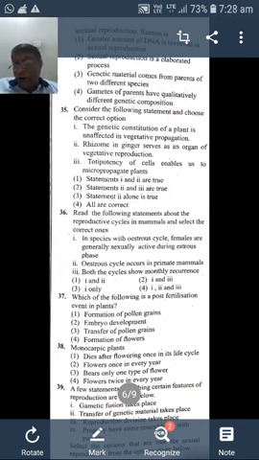Next, see. A few statements describing certain features of reproduction are given below. Gametic fusion takes place. Transfer of genetic material takes place.